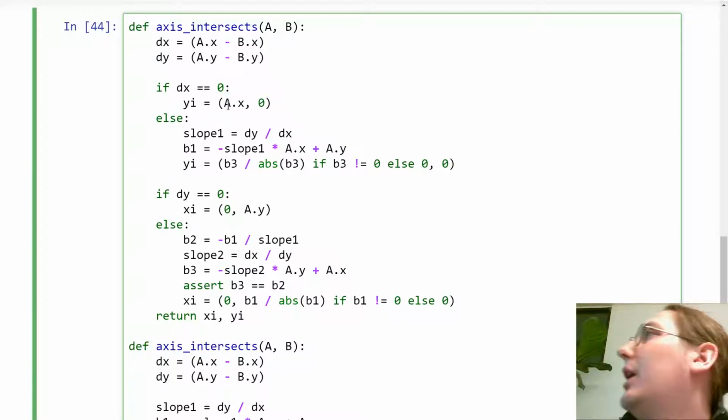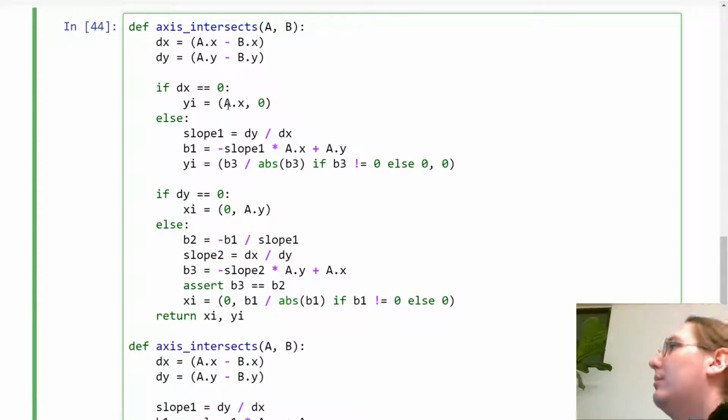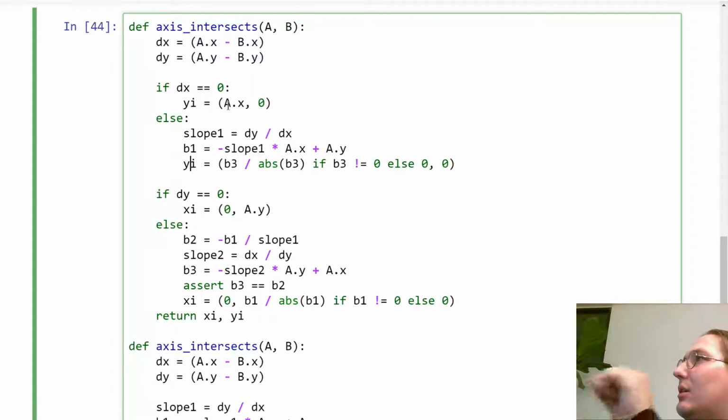But if x is 0... Maybe it's just a naming thing. The way I mean it is that the intersection with the y-axis is at this point. So y is 0 at this point because it intersects y. That's how it's meant. Is that clear?